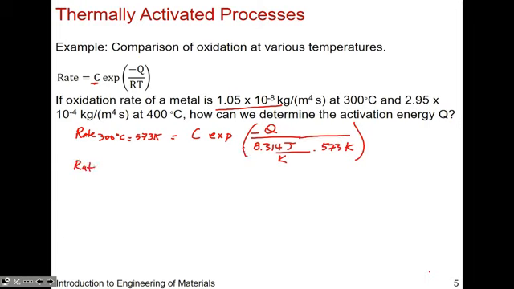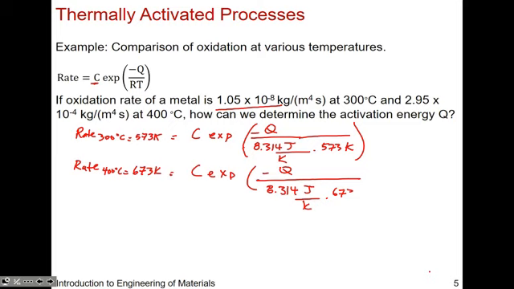And we also know the rate at 400 C or 673 Kelvin. And we know it's activated, it has the same activation energy. So when you have this set of equations like this and you're solving it for an unknown, how does one tackle such a thing? 2 equations, 1 unknown.